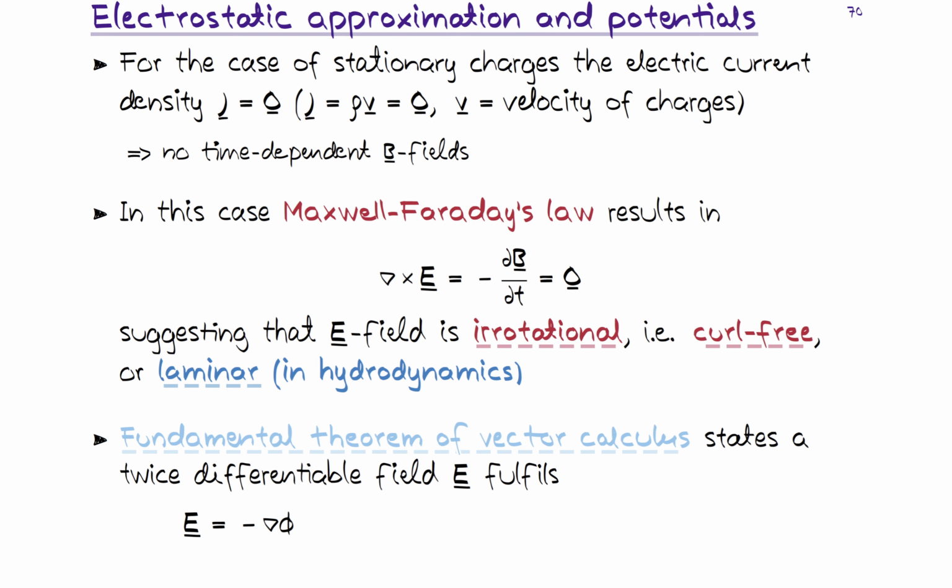So we can always write any E field in this form, where the first term is minus the gradient of phi, and this phi, in the case of electrodynamics, would be our scalar potential.